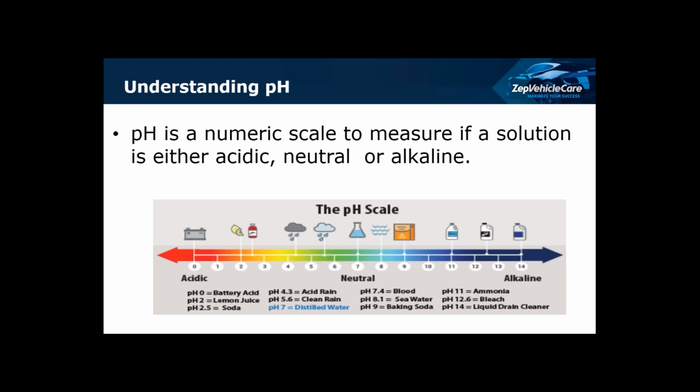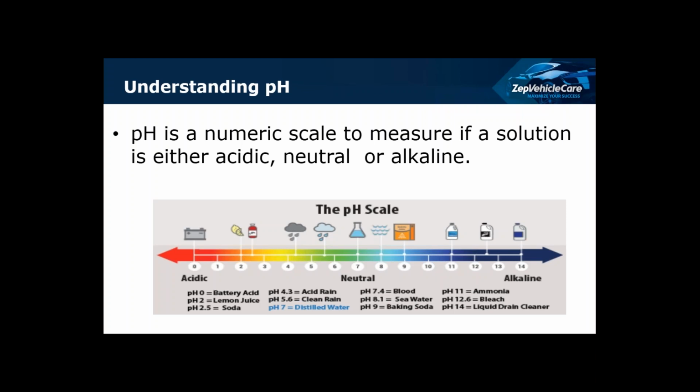And just one other thing about pH. pH is not really used for dilutions. You may have seen out in the field where someone says just set your pre-soak to a pH of about 10.5. That could be 50 to 1, and it could be 100 to 1. Unless you have a digital pH meter, there's really no way to tell the difference between 50 to 1 and 100 to 1 just doing pH.